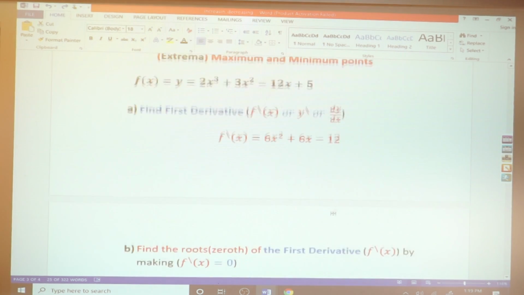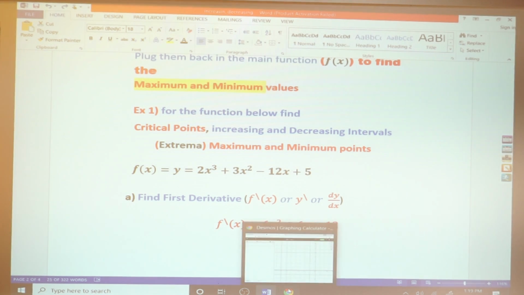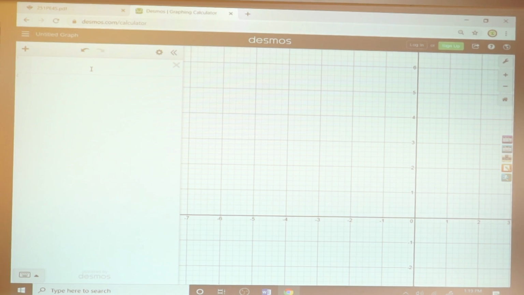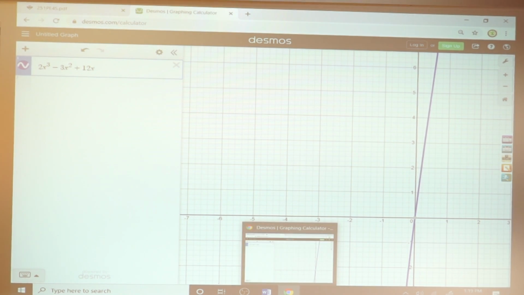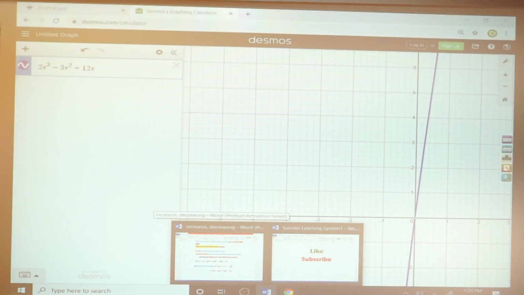Now let us take our function, which is 2x cubed minus 3x squared, I can't remember, let me see. 2x cubed minus 3x squared minus 12x plus 5.